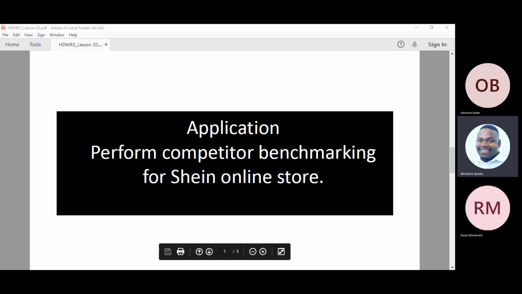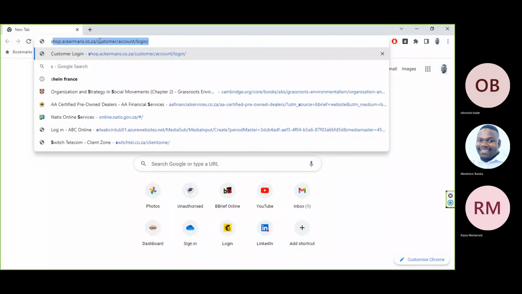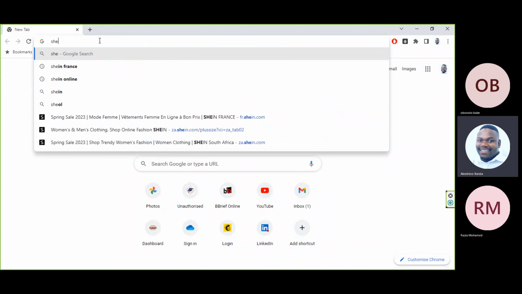You are going to be doing this if you decide to work in the field of digital marketing, or you are going to have your own companies where you will do branding around digital marketing. So I'm quickly going to swap screens. I don't know if you guys can see my screen.